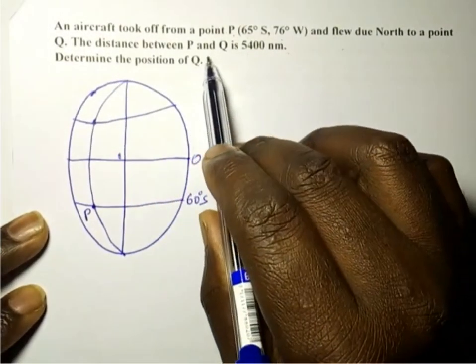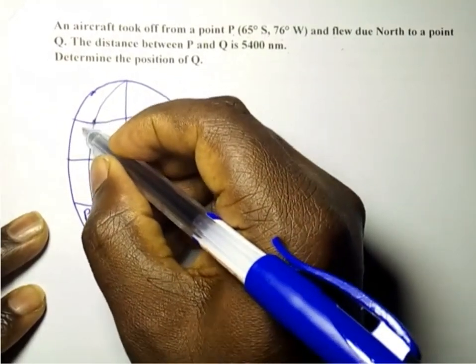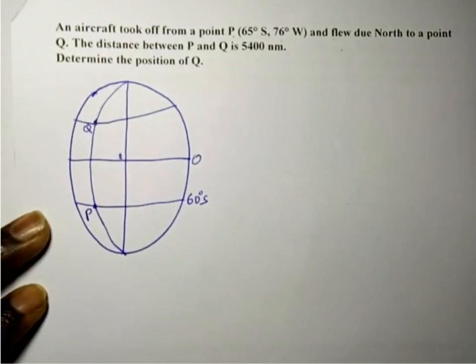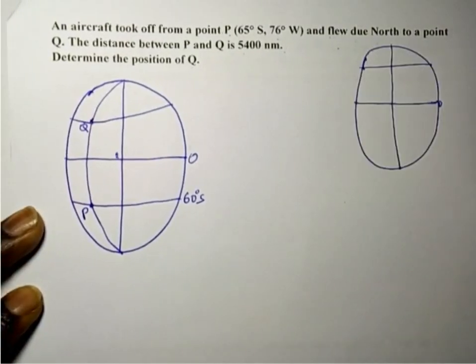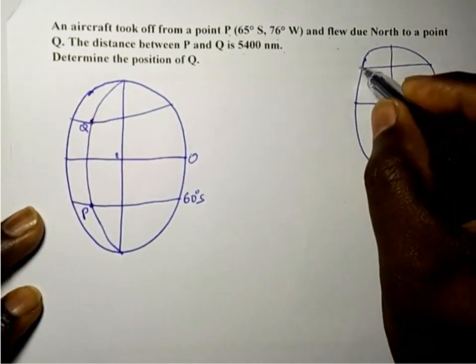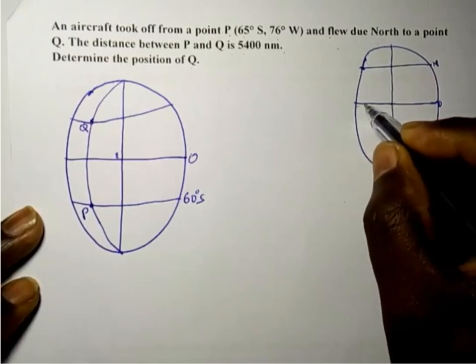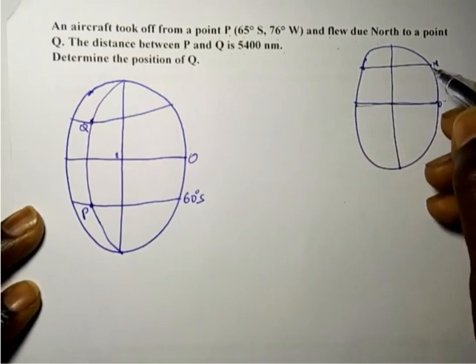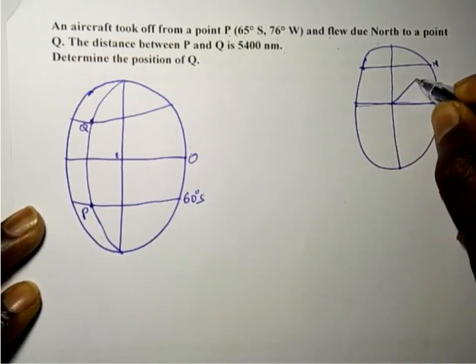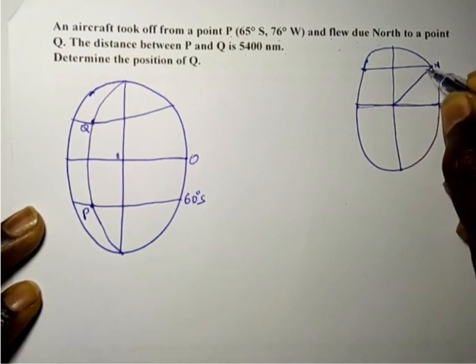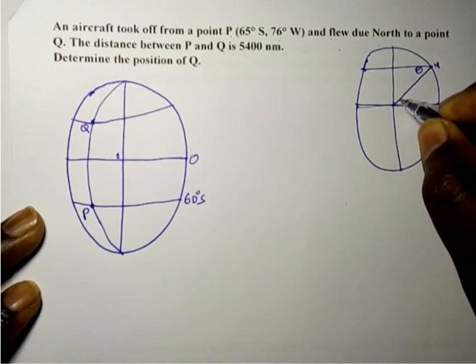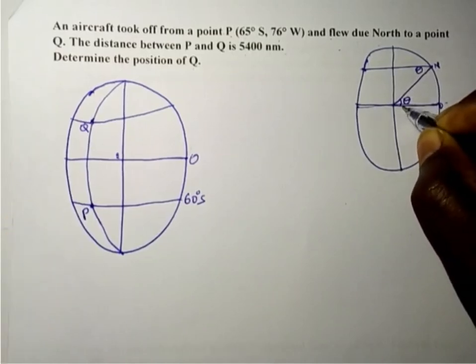Let me call this point here Q. Before we finish, let me show you something. This latitude here, which is on the north, is parallel to this one. And if they are parallel, if we draw a transversal here, like this, it means this angle here will be the same angle at the center of the earth.